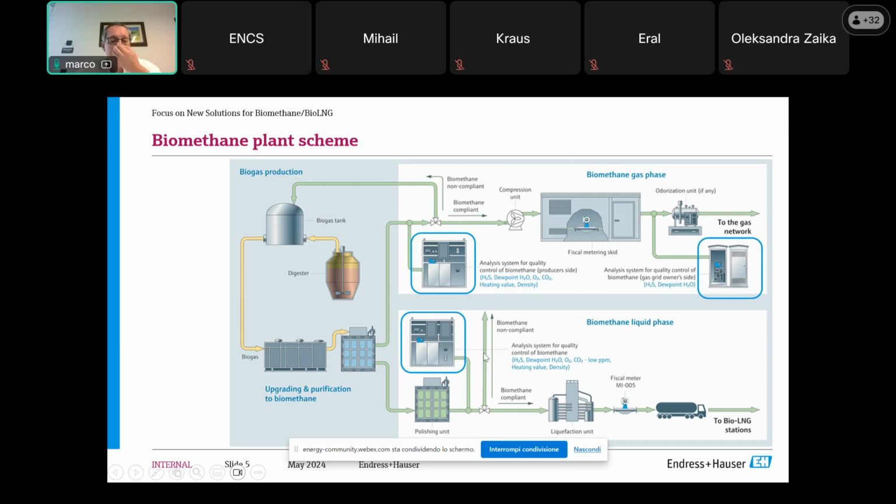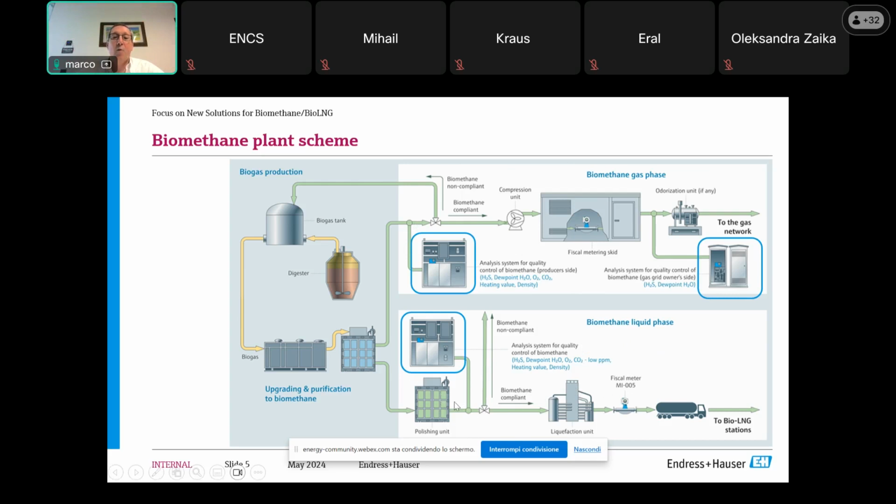An alternative use of the produced biomethane is liquefaction. Liquefaction is adopted when the grid is not so near, so creating the connection between the plant and the transportation grid could be too expensive. In this case, the gas is purified.